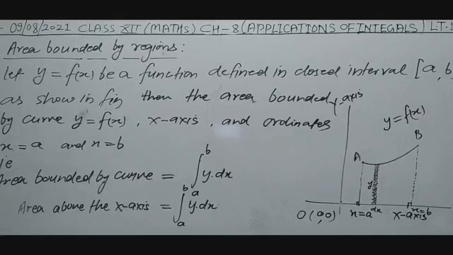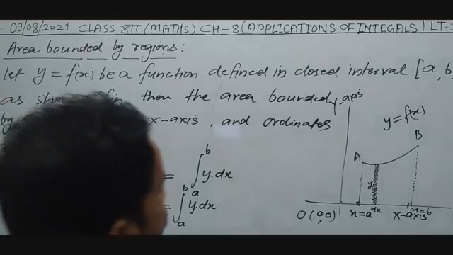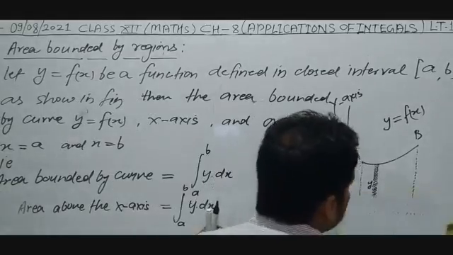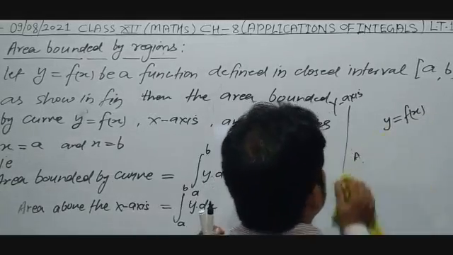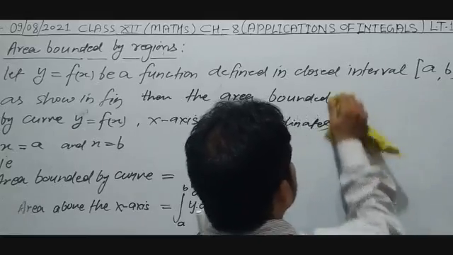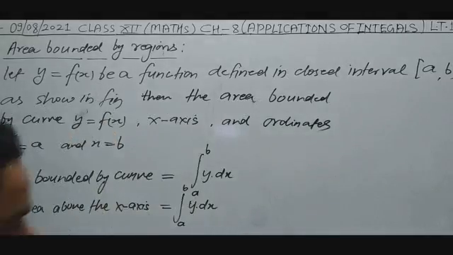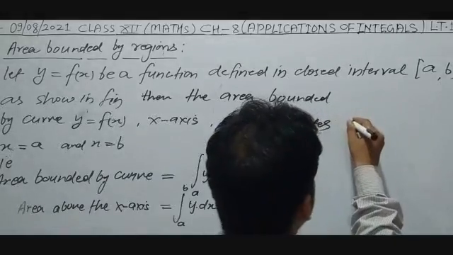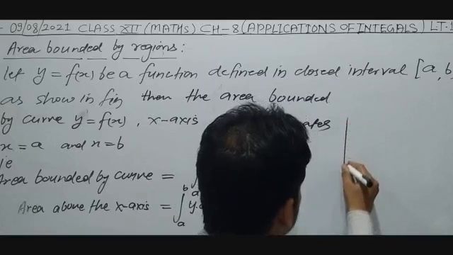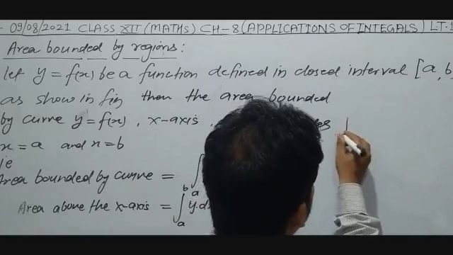See, now suppose we take another graph which is below the x axis. In that case, what will be the area? Suppose we have drawn this graph below the x axis.